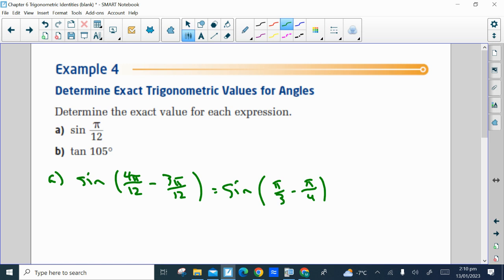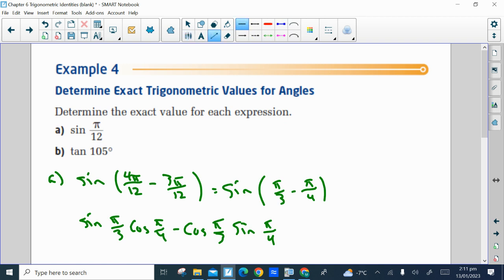So now we can evaluate this using the difference identity for sine. The sine of A minus B is sine A cos B minus cos A sine B. That is the difference identity for sine that's on the formula sheet. So you don't have to memorize it. It's there for you. You just have to know how and when to use it.